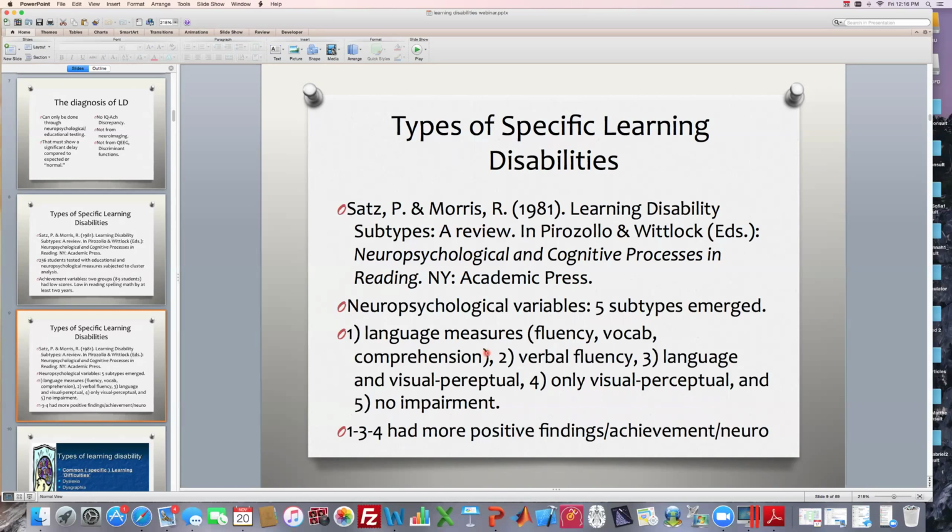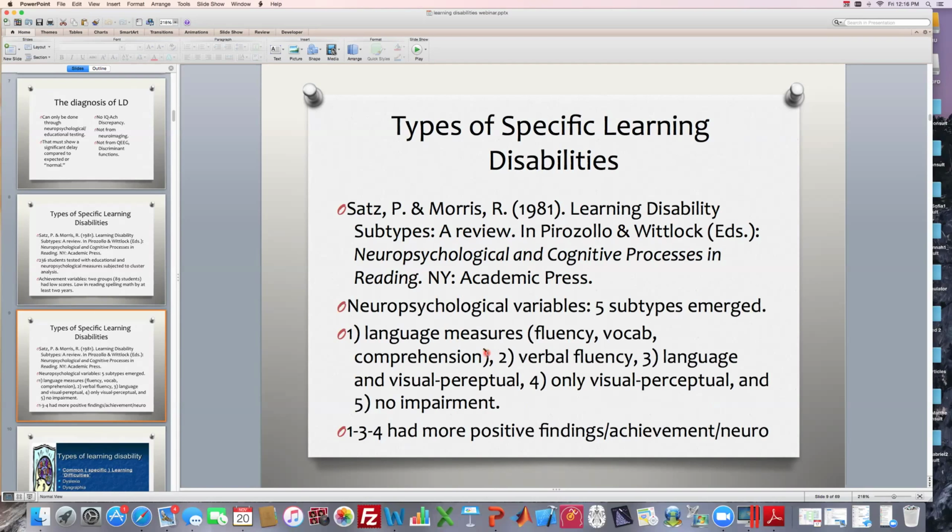There was a fourth group that was only delayed in visual perceptual abilities and not on language scales. And then there was a fifth group that showed no impairment. Groups 1, 3, and 4 showed more positive findings related to either achievement testing or actually neurological screening.